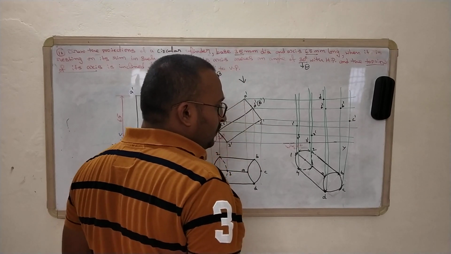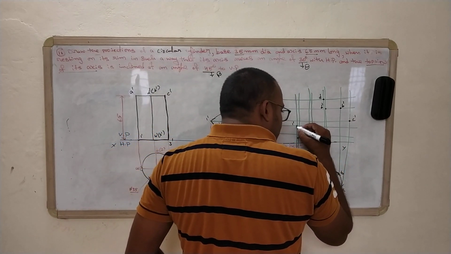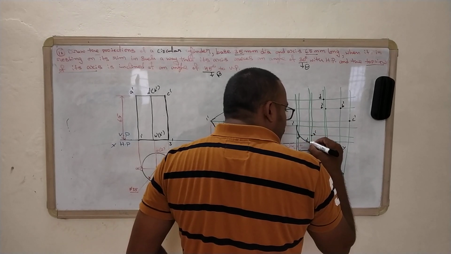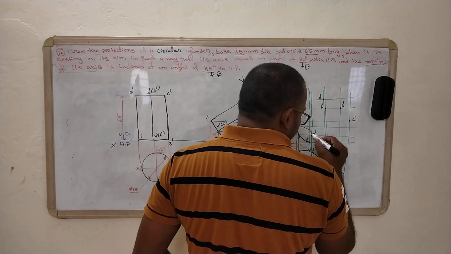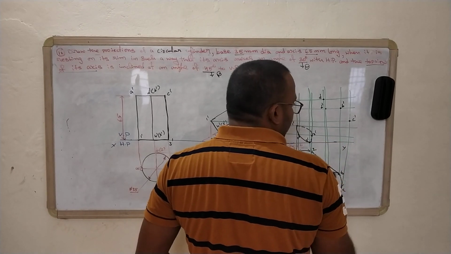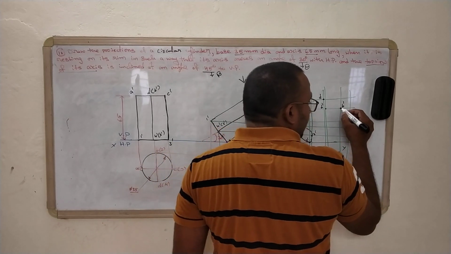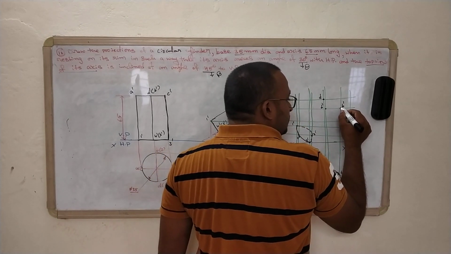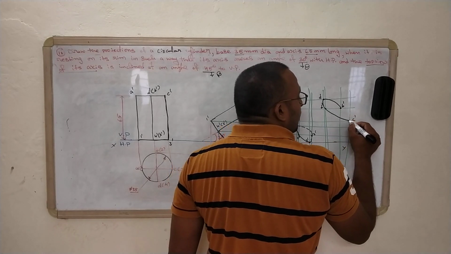Now we know that whenever we are going to see from the front view, this surface is visible, and then this surface will be invisible, and then the ABCD surface will be completely visible because it is nearer to the observer.